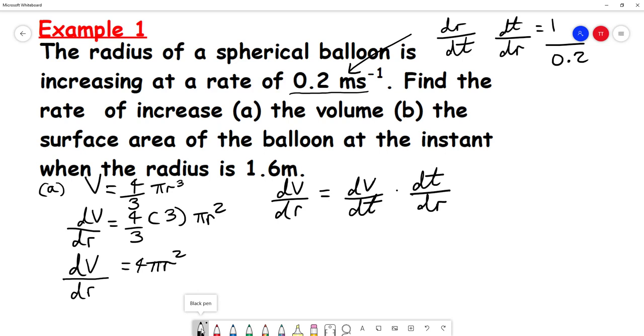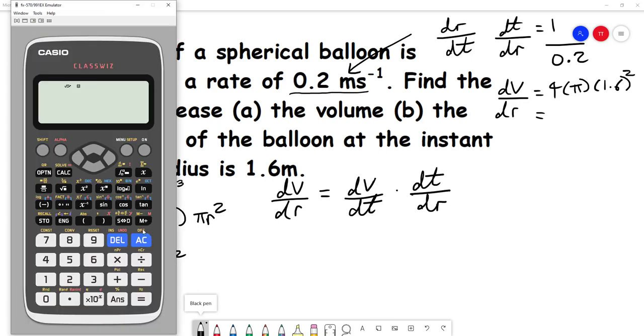So now that we've got that, dV by dr is 4 pi r squared. Now we know that the radius is 1.6 meters, so we can say that dV by dr is 4 pi times 1.6, which is the radius, and we're going to square that value. Now I'm going to get my calculator out and work out what that value is. So it's 4 times pi.